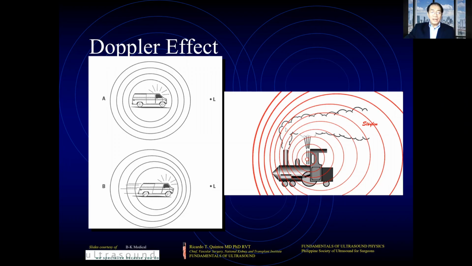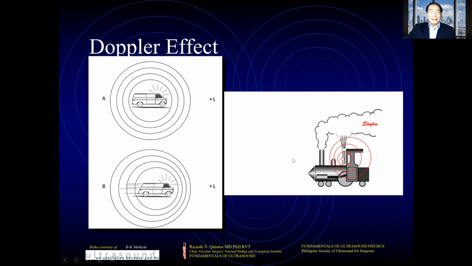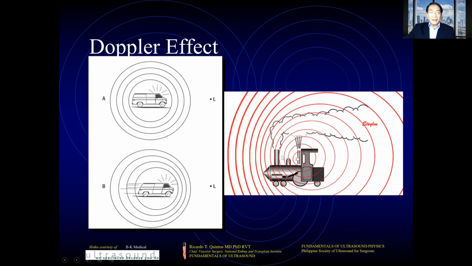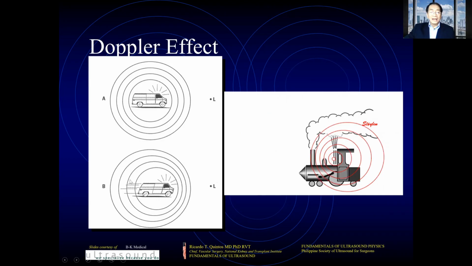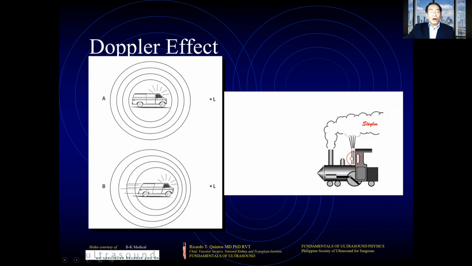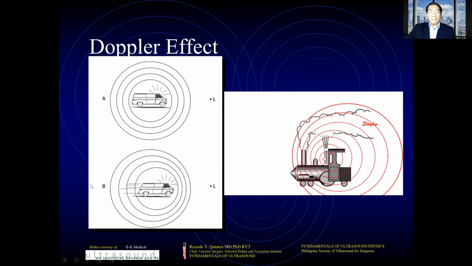So if there is a compression of the sound waves in front of the moving object, then you will see that the frequency of the sound in front of the object is higher than the frequency of the sound at the rear of the object.